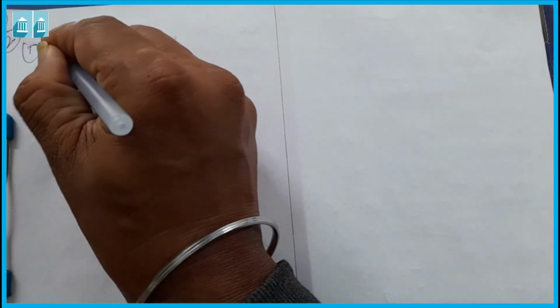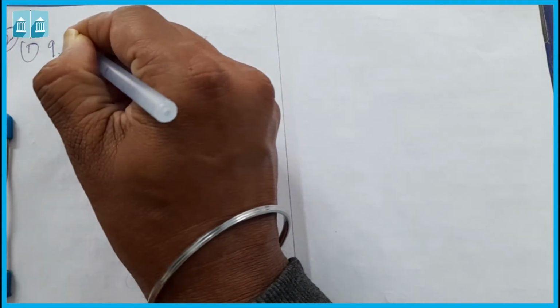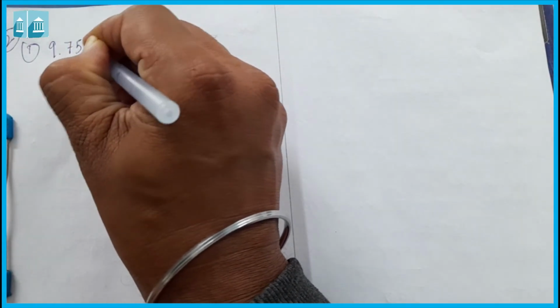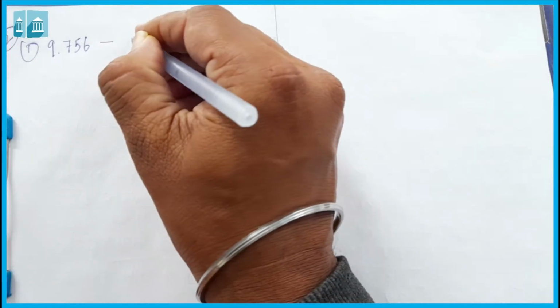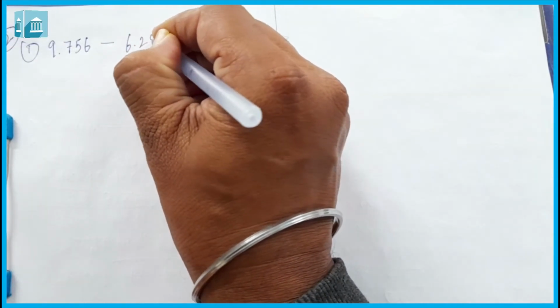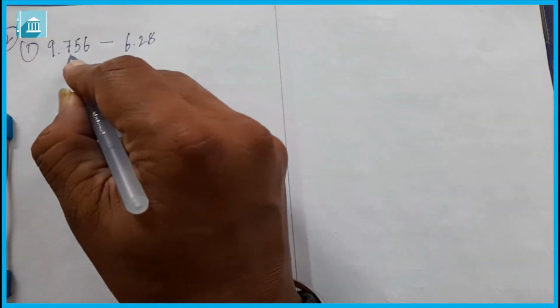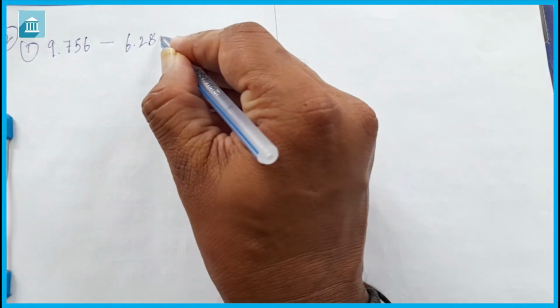In question number 2, the first one, it is given 9.756 minus 6.28. First we need to convert it into like decimals, so here we need to add a 0.